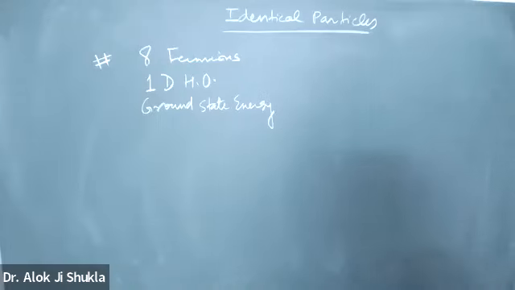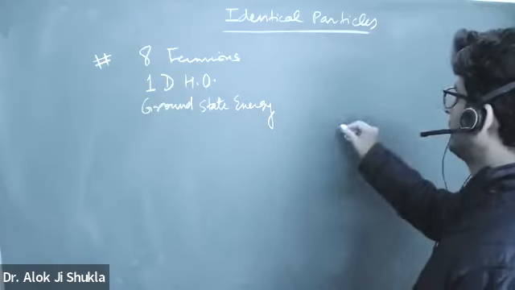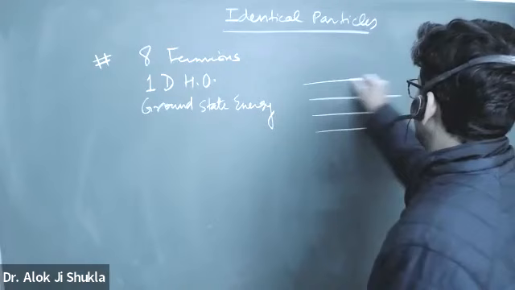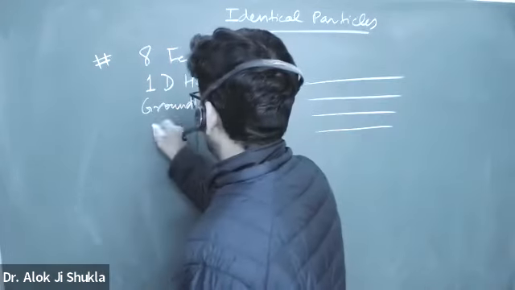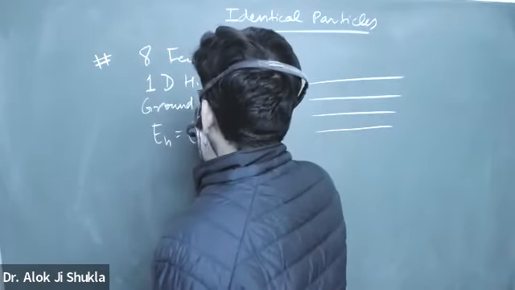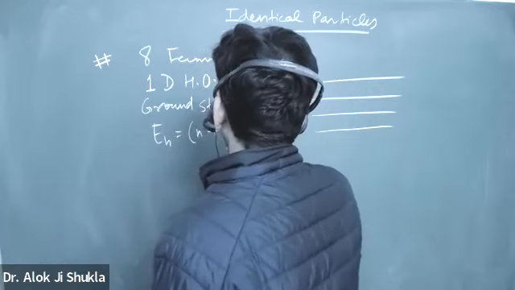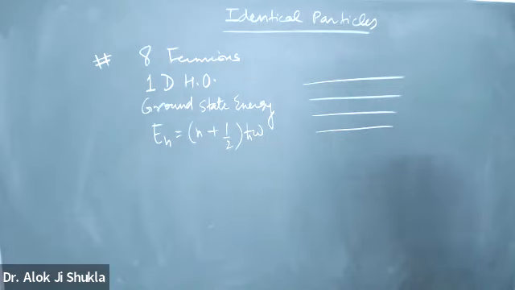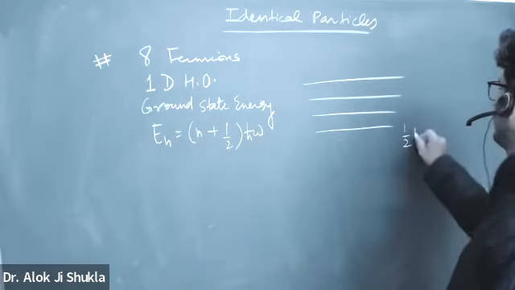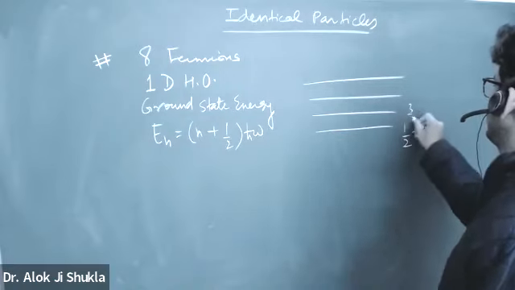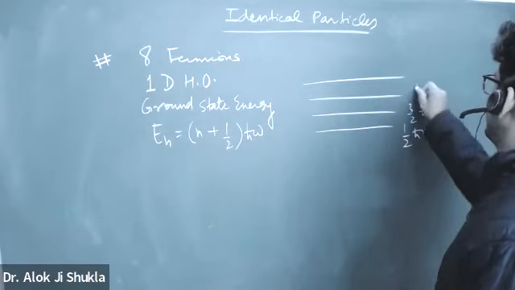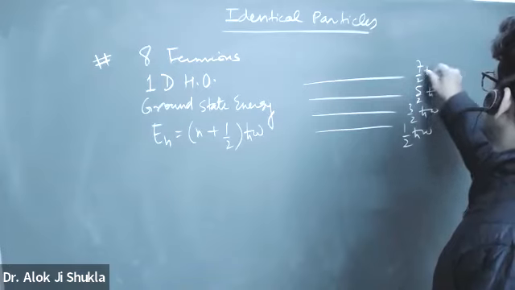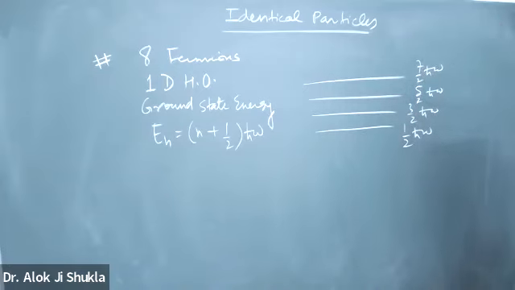So one-dimensional harmonic oscillator energies are like this. En is n plus half h cut omega. So this will be half h cut omega, 3 by 2 h cut omega, 5 by 2 h cut omega, 7 by 2 h cut omega, like that.